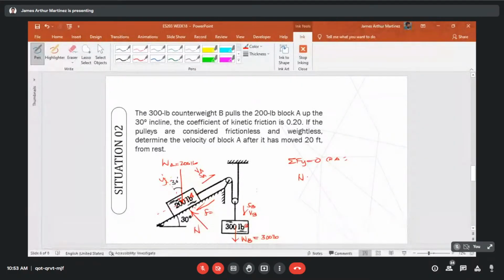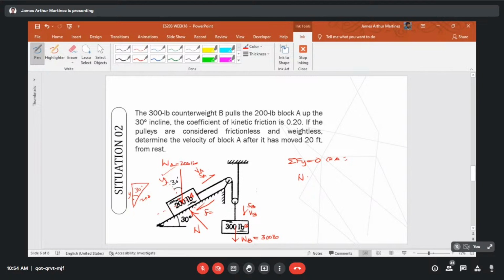Drawing this triangle, with 30 degrees, the 200-pound weight, and the y component, our goal is the y component of the weight of the object.